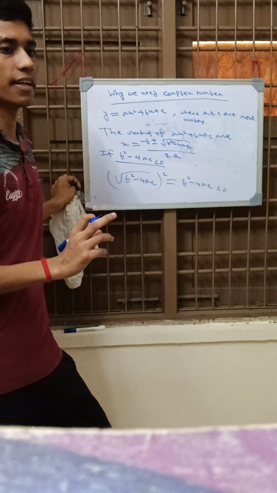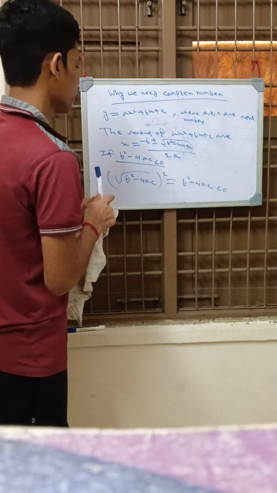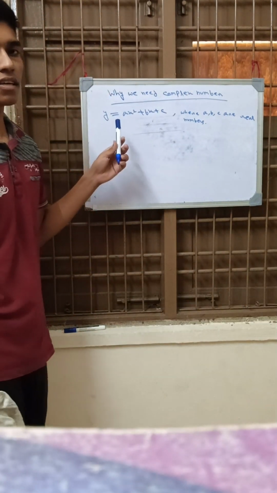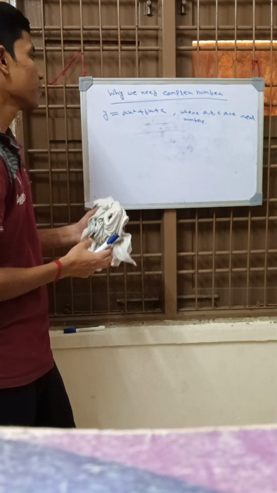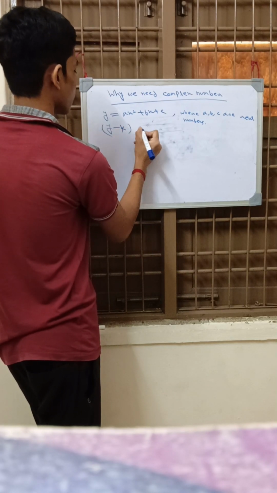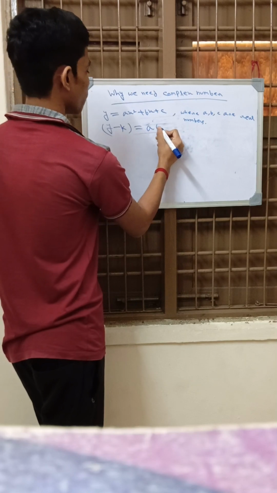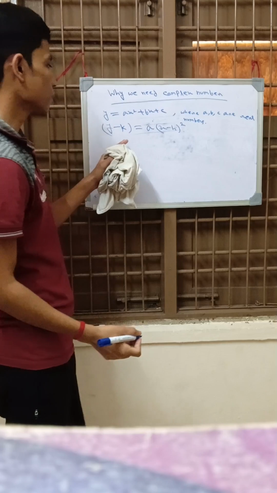This is not a real number, and we can see all these things graphically. Basically this is the equation of a parabola. The standard equation of a parabola looks like y minus k equals a into x minus h whole square, where h comma k is the vertex.